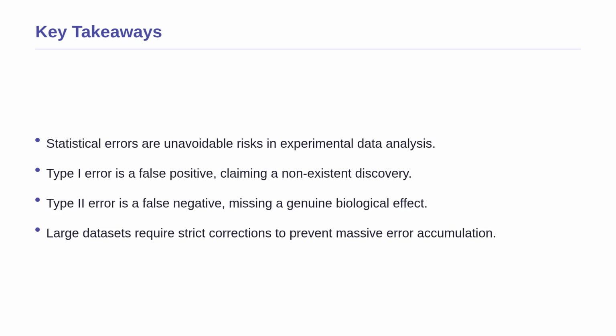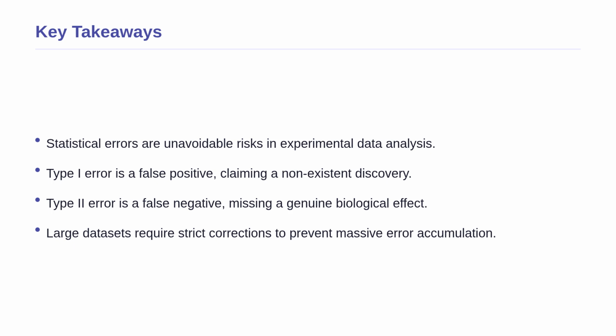We have reached the end of our topic, so let us summarize the key takeaways. First, statistical errors are the unavoidable risks we take when making scientific decisions based on noisy experimental data. Second, a type 1 error, measured by alpha, is a false positive, where we claim a discovery that does not actually exist.